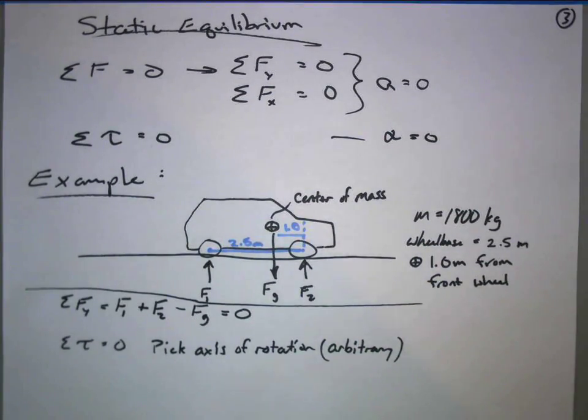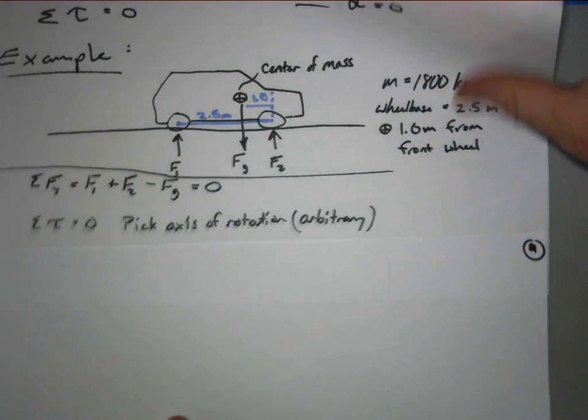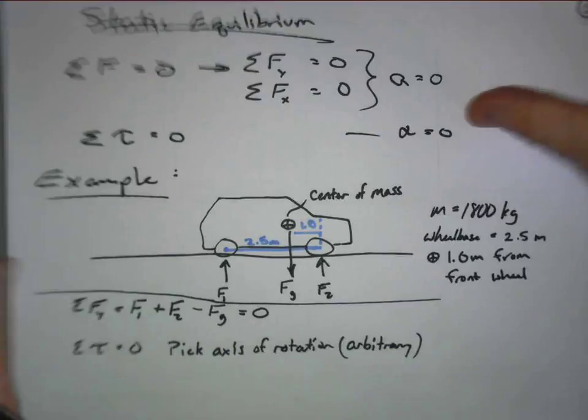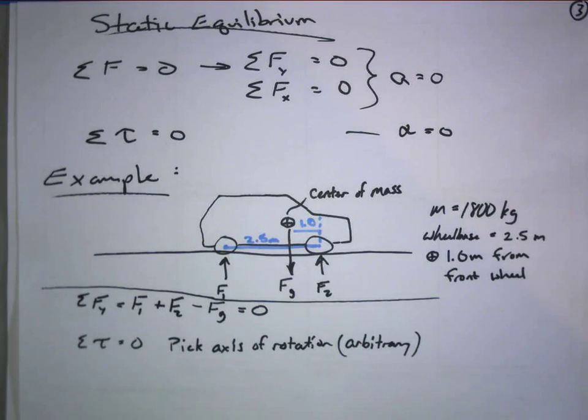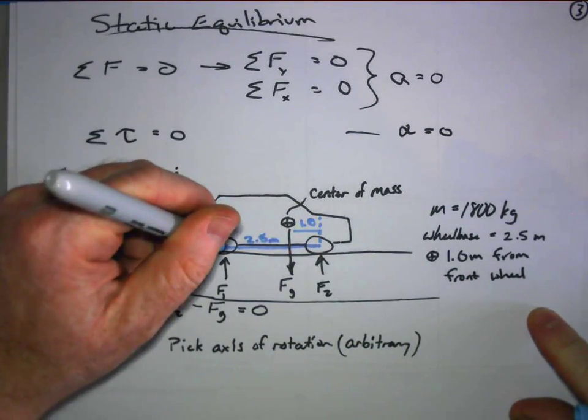Let's check this out. Let's get this rolling. This is page 4. So I'm going to go to sum of torques equals 0. And so if I can imagine this, there is a torque. I'm going to pick this as my axis of rotation right there.